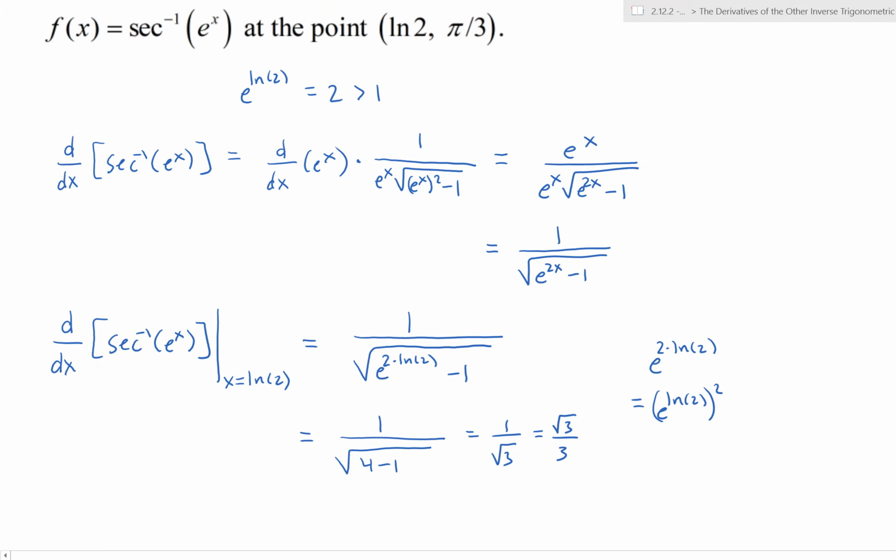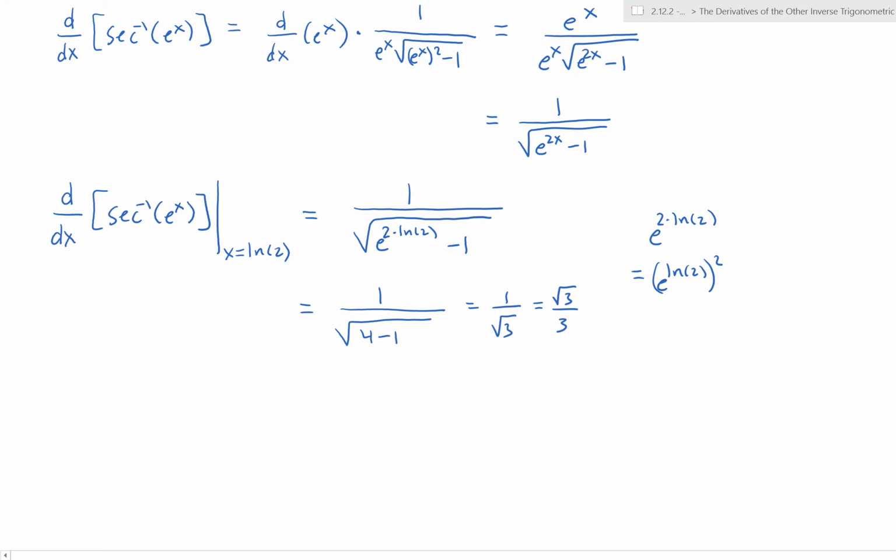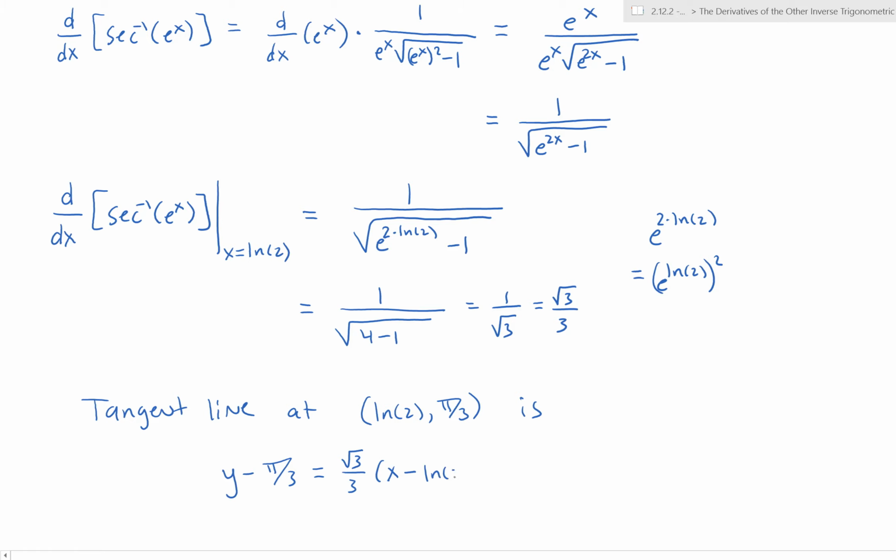So we've got a slope. We also have the point, ln of 2 comma pi over 3, and hence the equation of the tangent line. Let's write it down. The tangent line at the point (ln of 2, pi over 3) in point-slope form is y minus pi over 3 equals my slope, root 3 over 3, times x minus the natural log of 2.